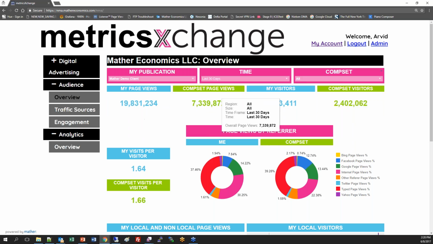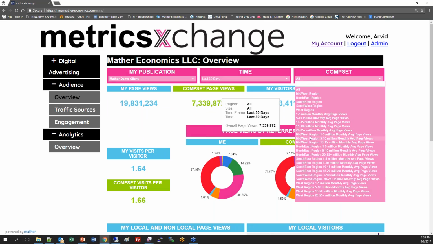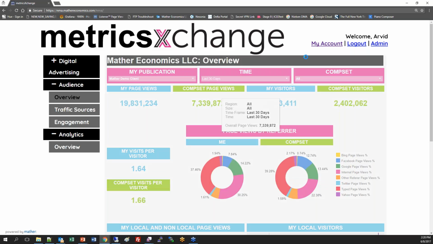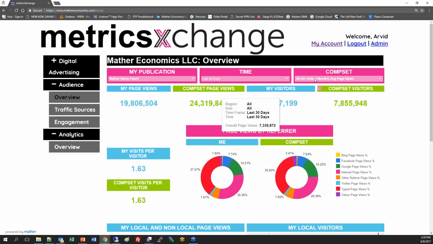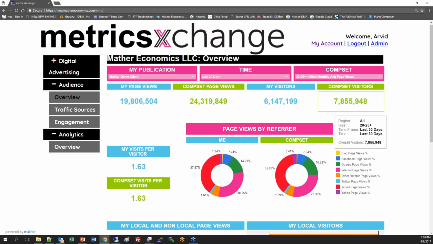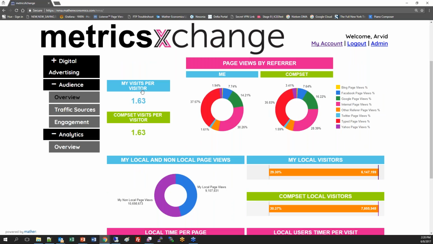Obviously I'm comparing myself to a fairly average set, so if I make this a more similar comp set, we can see what that looks like. There we go. Here I can see that I'm pretty much right on par for my visits per visitor. Visits is essentially the same as sessions in Google, counting the number of times a person visits over the course of a month.